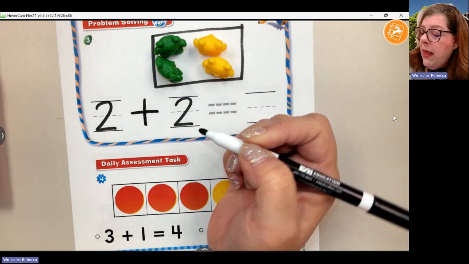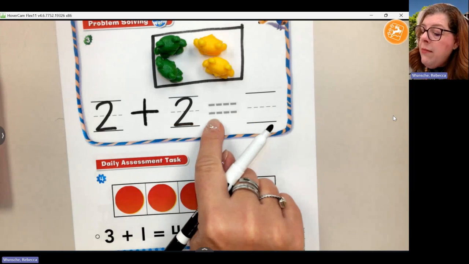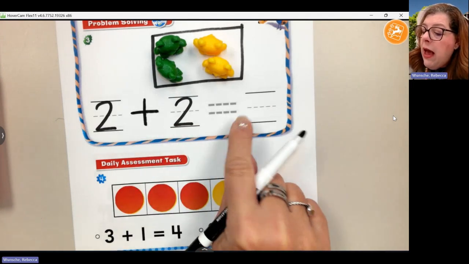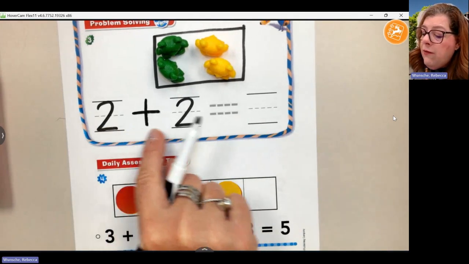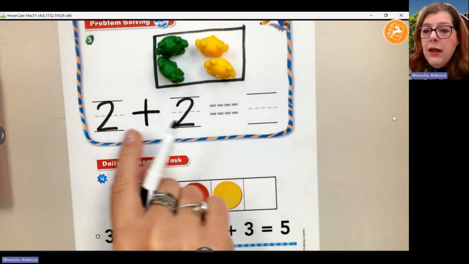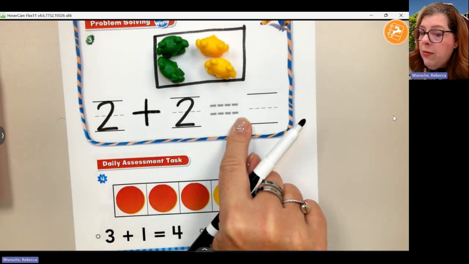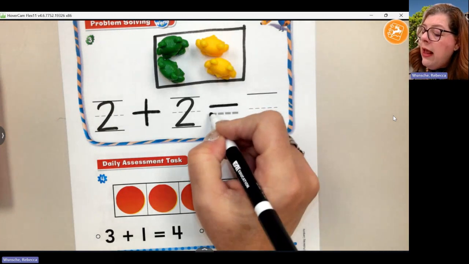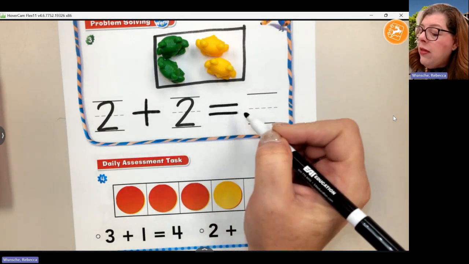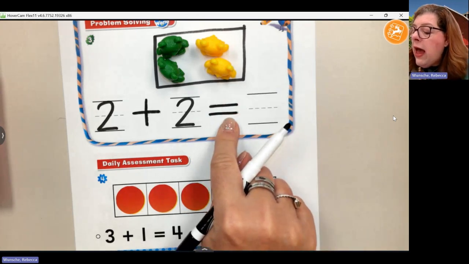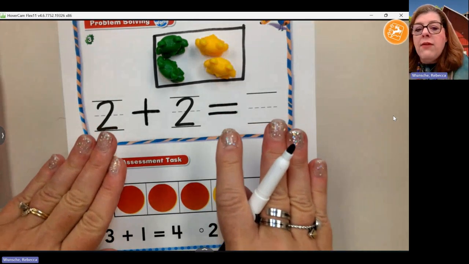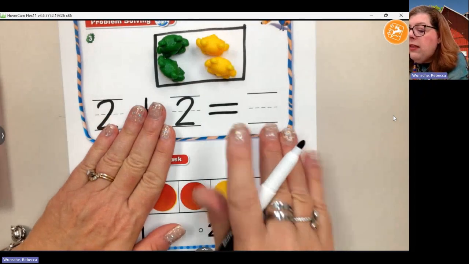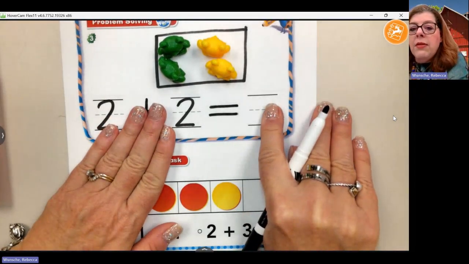Then to make my math sentence have a front half and a back half, because my math sentence has to have all of its parts, I want to be sure that I trace this equal sign. And we'll talk about the equal sign as showing us that we're balanced. It's like having a balance. So everything that's on this side is going to be the same as on this side.